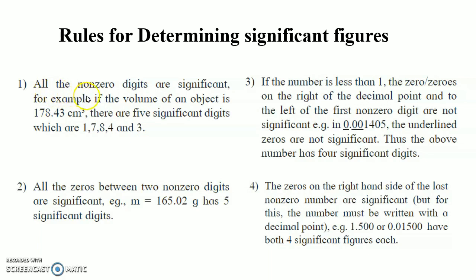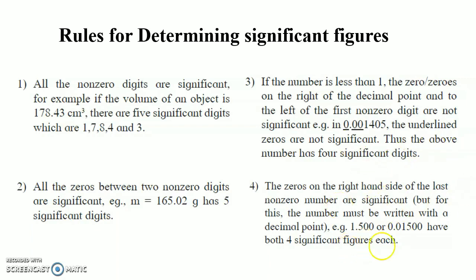First rule is that all of the non-zero digits should be considered as significant. Second rule is that if there is 0 in between two non-zero digits, that 0 has to be considered in significant digits. If the number is lesser than 1, the zeros which are to the left hand side should not be considered as significant.